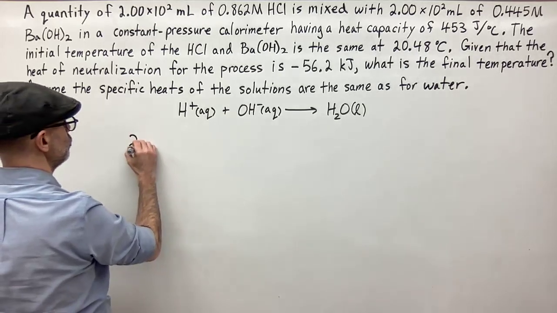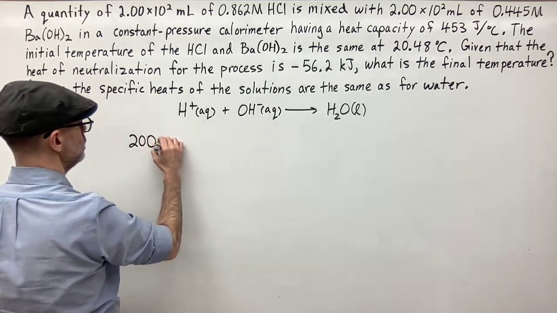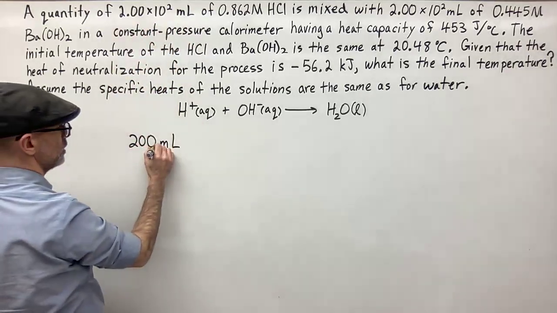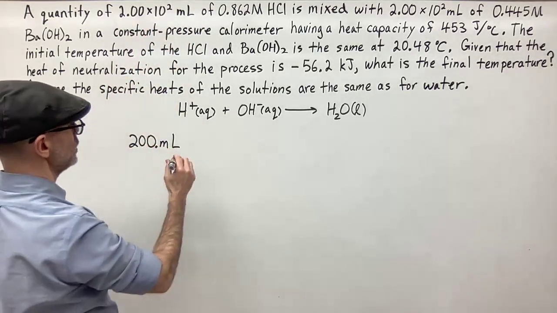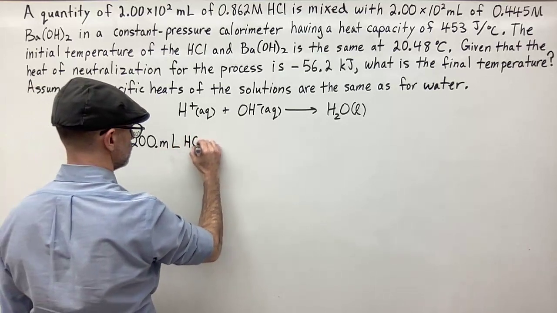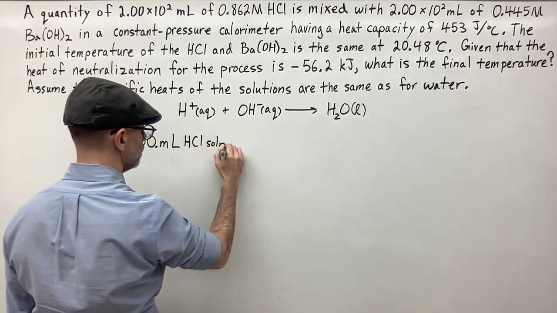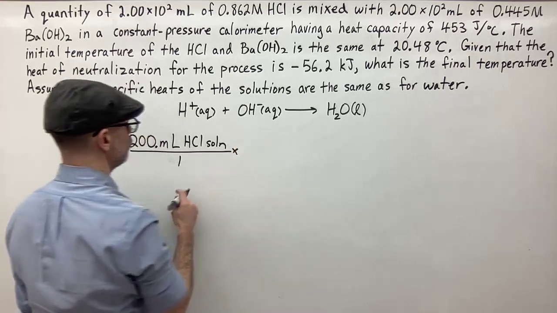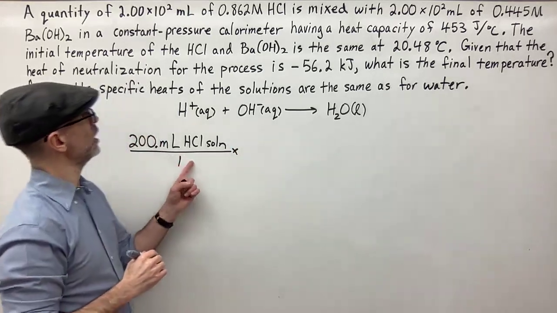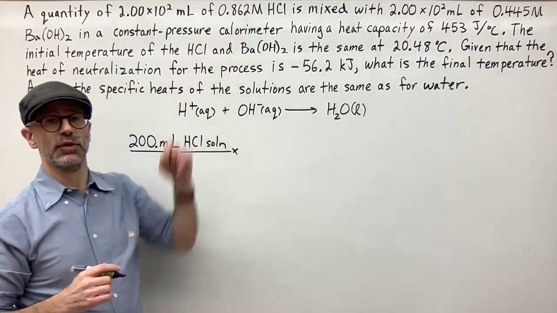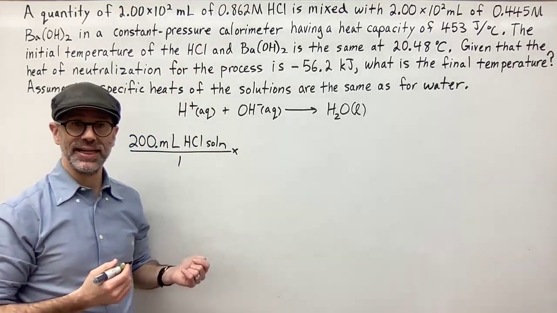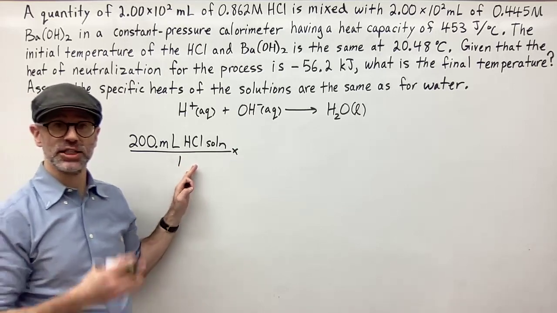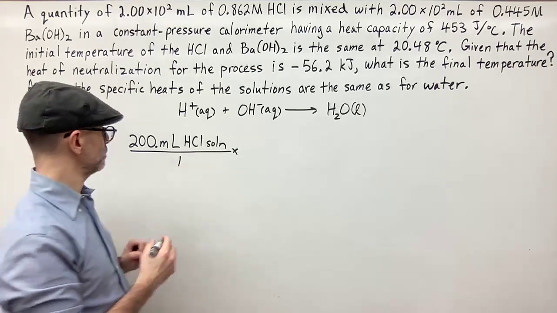I'm going to take the 200 milliliters of the HCl solution, and I want to use molarity to convert to moles of HCl, but I need to convert this to liters first because molarity is moles over liters.